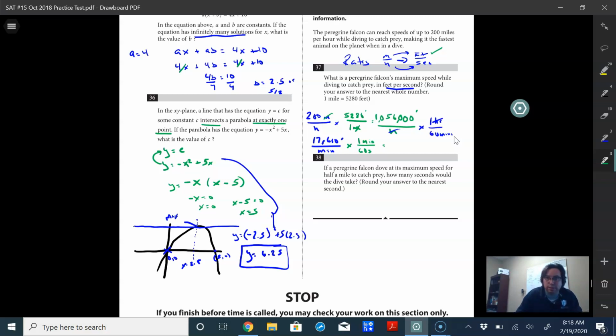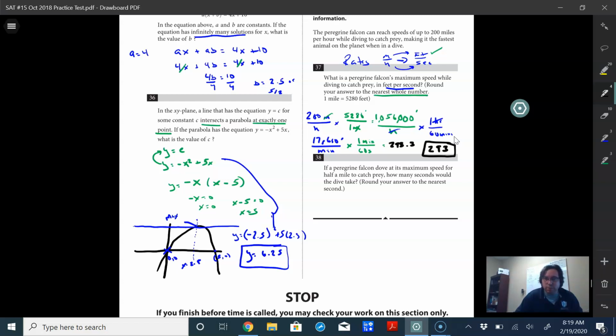It's asking to round to the nearest whole number, so I get 293.3, and then the whole number, 293, is my answer choice for this one. So that's how you do it. You can see how I mapped this up top and worked through the problem.